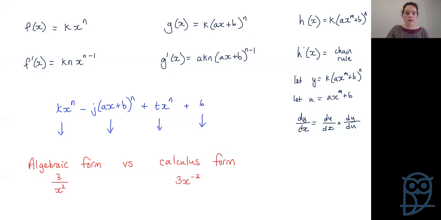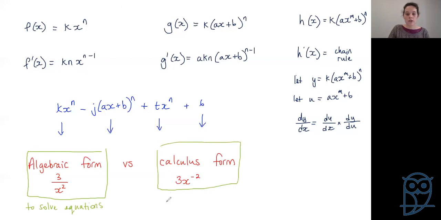So always bear in mind that algebraic form is what you use to solve equations. Calculus form is what you're going to use for differentiation, and when you get to it, integration as well.